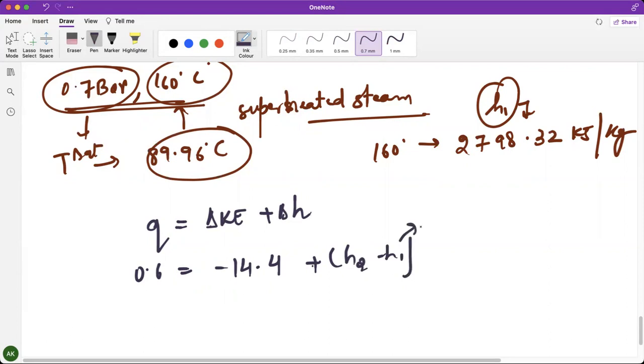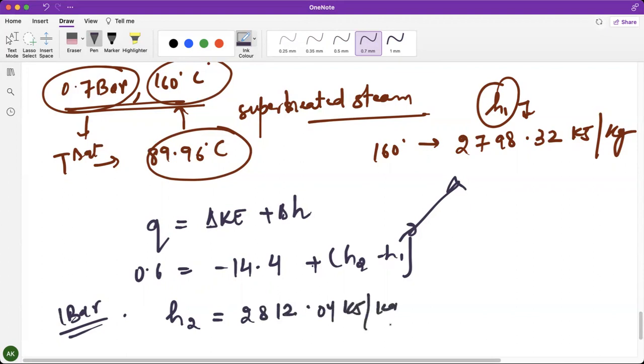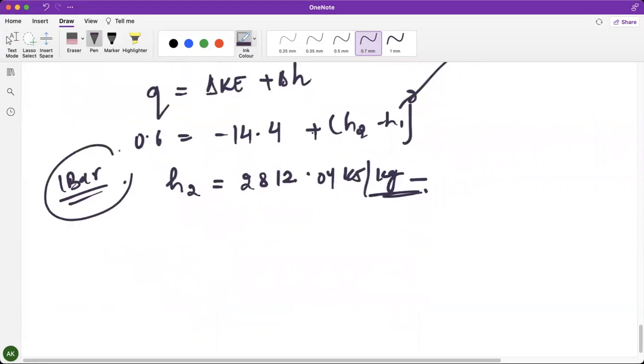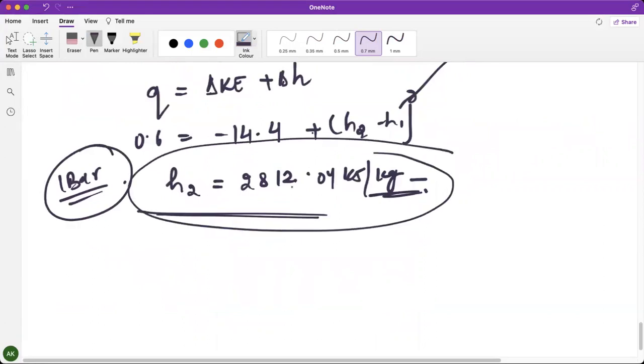H1 we know. So H2 from here: pressure at outlet is 1 bar, enthalpy is 2812.4 kilojoules per kg. Now the temperature at this enthalpy value, at 1 bar.